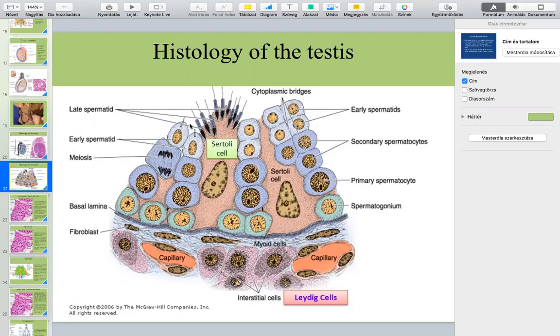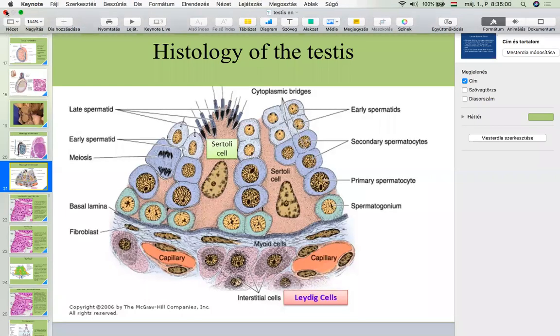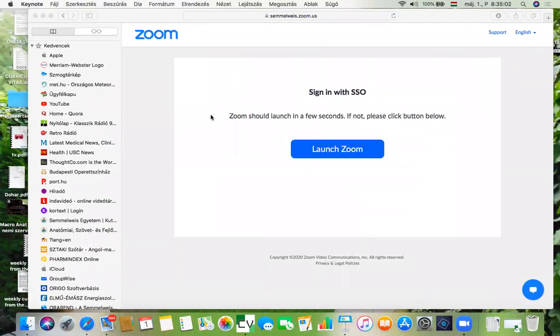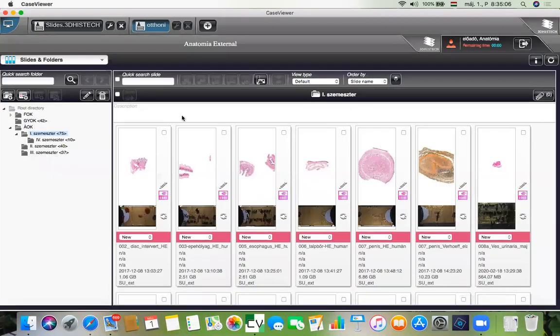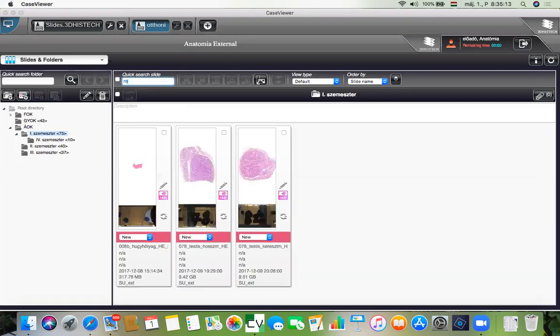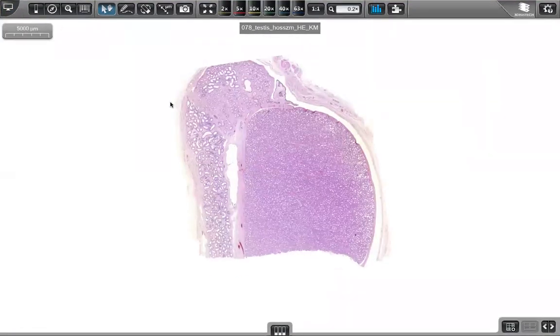So let's see the slide. That's number 78. Yeah, here it is. This is a longitudinal section of the testis and epididymis.